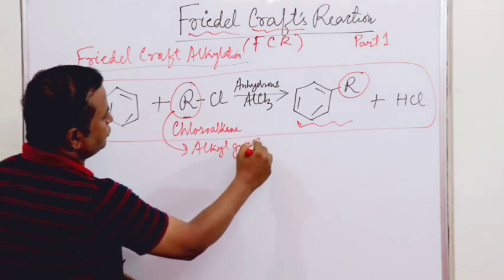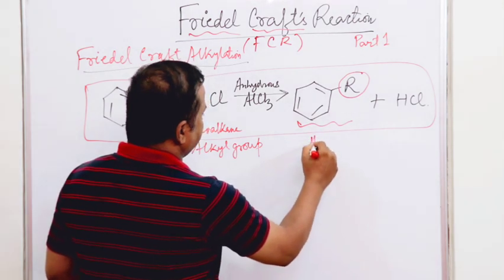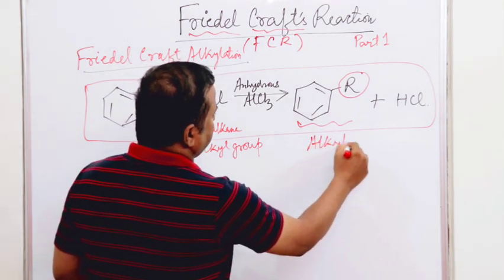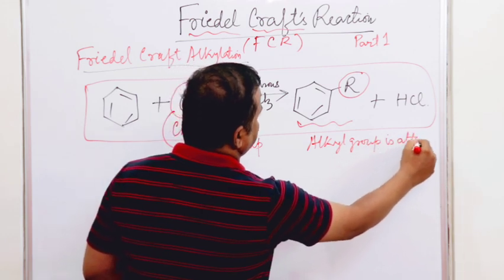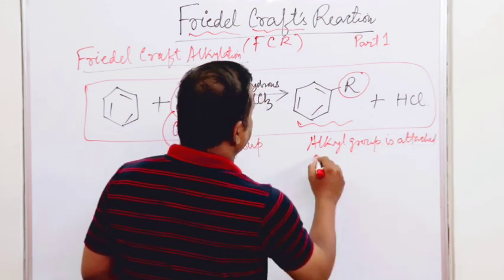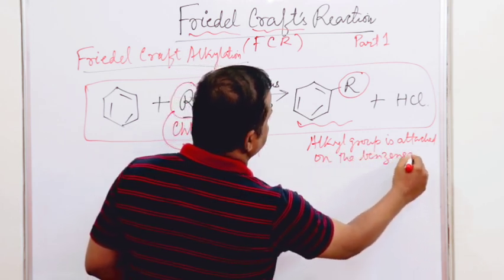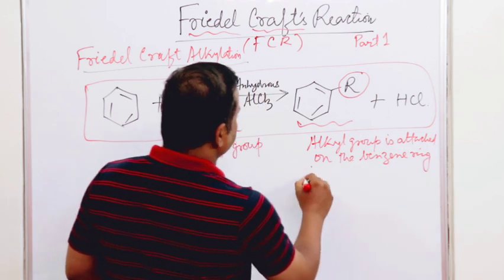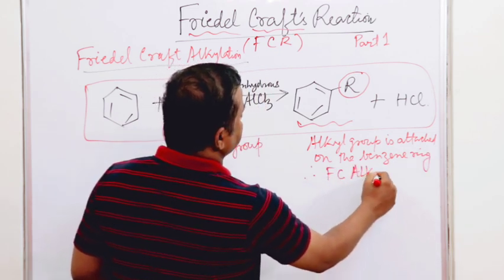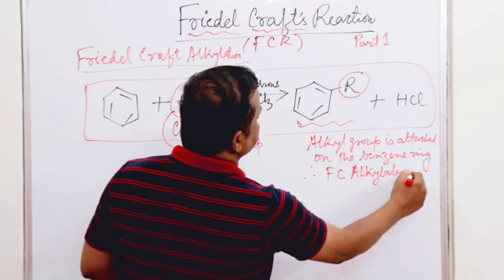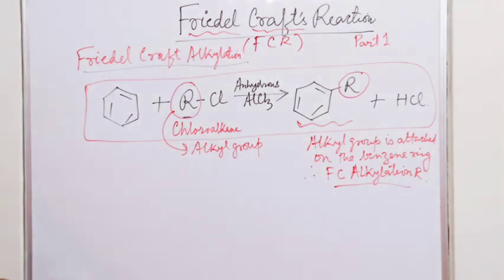Because an alkyl group has been attached on the benzene ring, this is called Friedel-Crafts alkylation reaction. That's the reason why it is called alkylation.